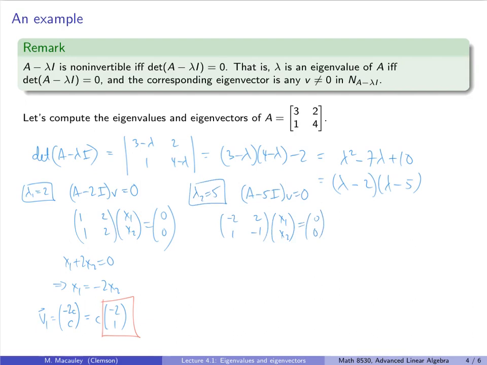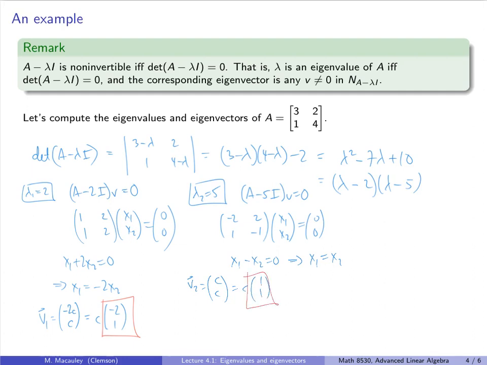As is always the case, this gives us two equations that are scalar multiples of each other, so we only need to write down one of them. x1 minus x2 equals 0. This one is easy: x1 equals x2. So our eigenvector v2 is c times [1, 1].